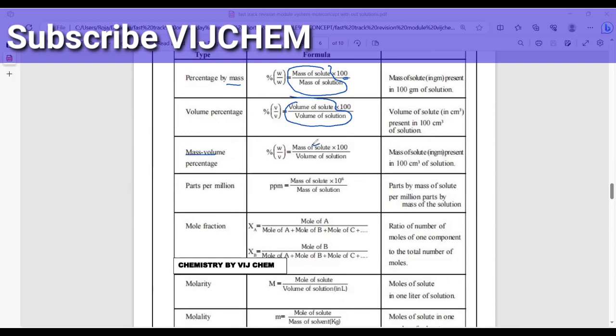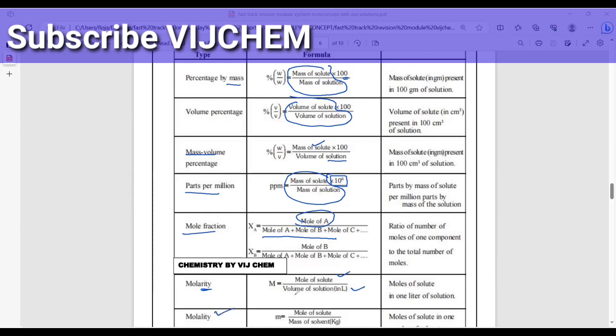Mass-volume means mass of solute by volume of solution. Parts per million: same formula, but in place of the 100, here we will use 10 to the power of 6. Mole fraction: moles of the given compound by total moles. And molarity: moles of the solute by volume of solution in liter.